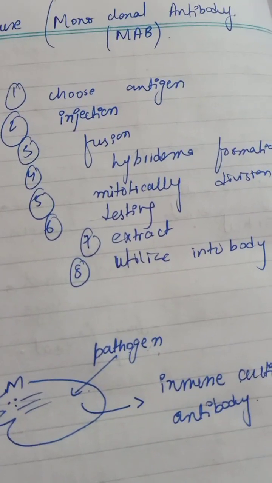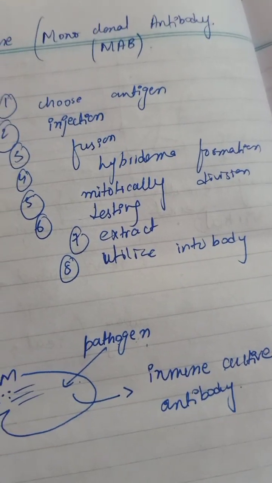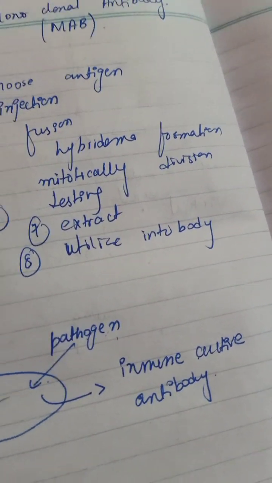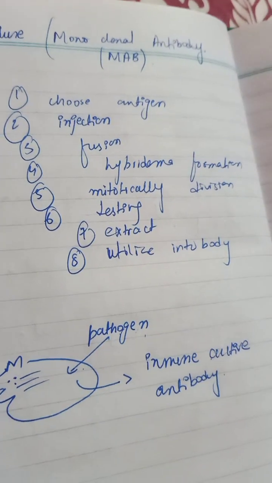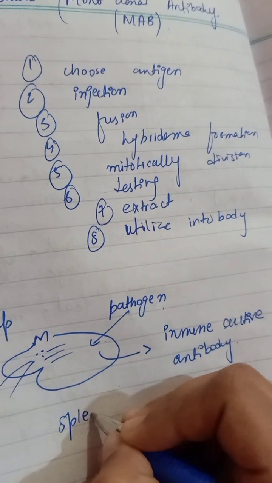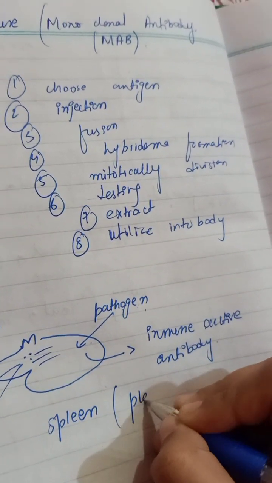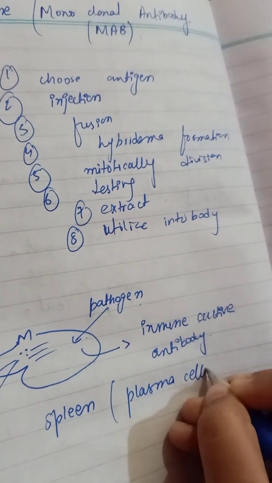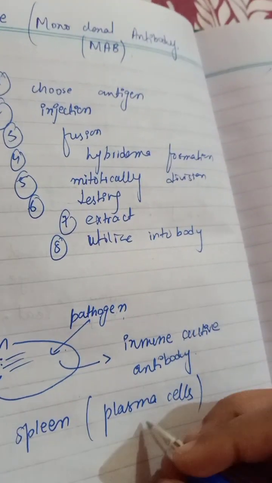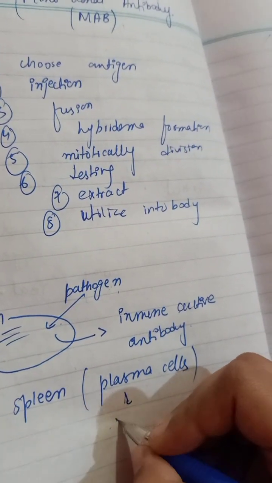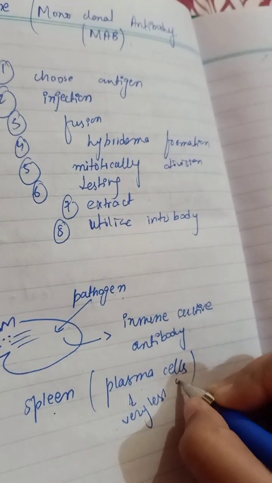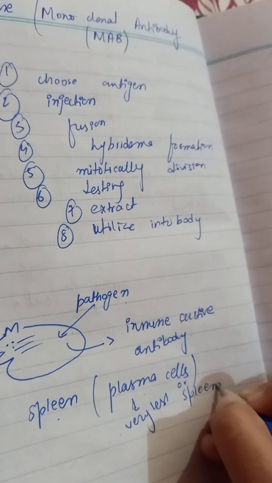After the body starts to make the antibody, what we will do in the third step is take the plasma cells from the rat spleen, which will be making the antibodies. Because plasma cells have a very short lifespan, we take them from the spleen; you can call them splenocytes. Both are the same.